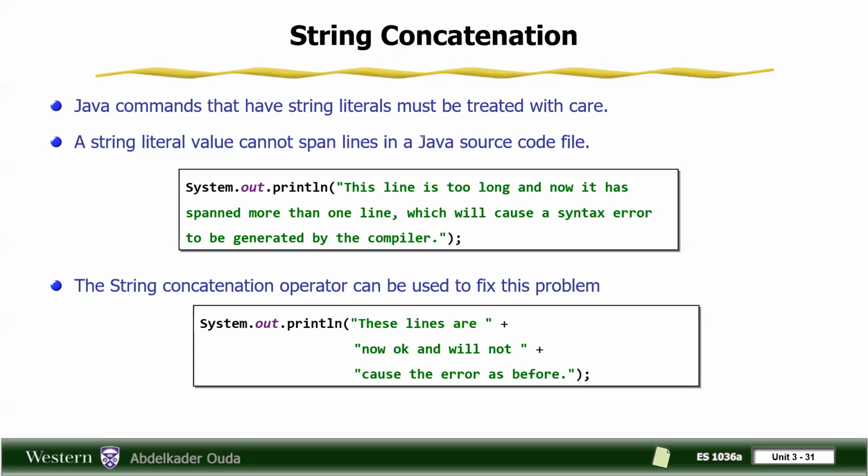The plus will be used to concatenate two or more strings, and now it will not cause the error as before. Clear, guys? Try both codes in your compiler and you'll see the difference. But see, we add the spaces. If we don't add them, the words will run together as one word, but they add spaces here.